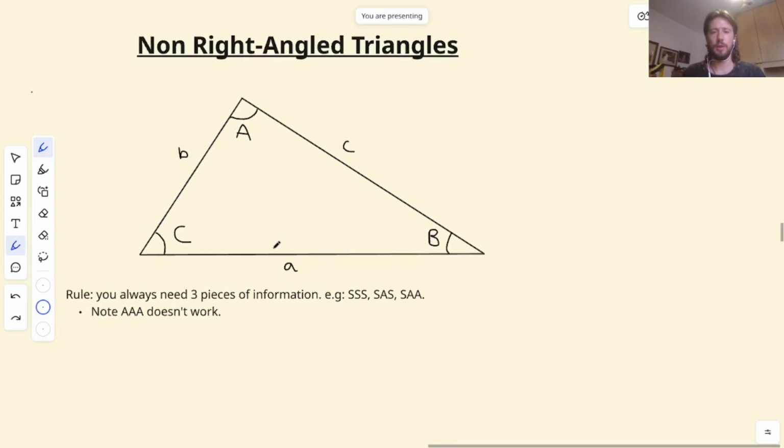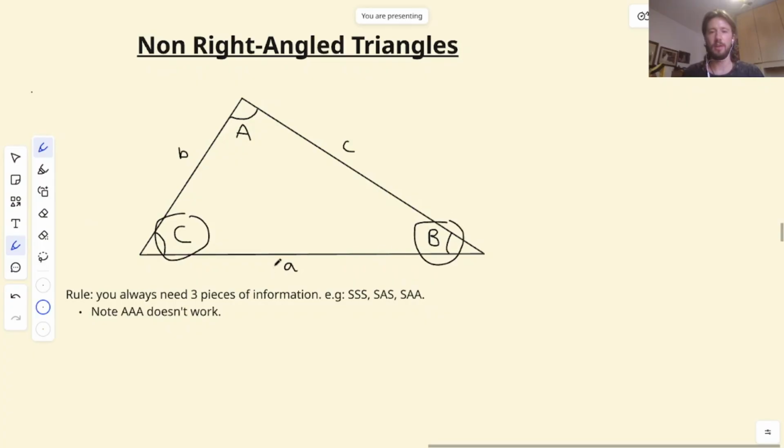And it also would do you well to remember that we always need three pieces of information to figure anything out in a triangle. That could be three sides, like ABC, that would be SSS, or a side, an angle, and a side, meaning that we have perhaps two sides A, B and the last angle C. Or we can have a side and two angles.